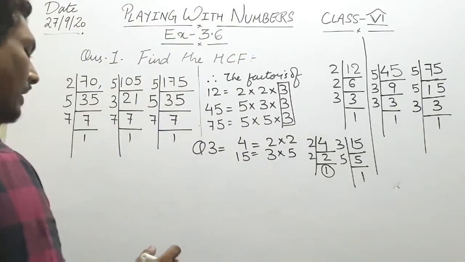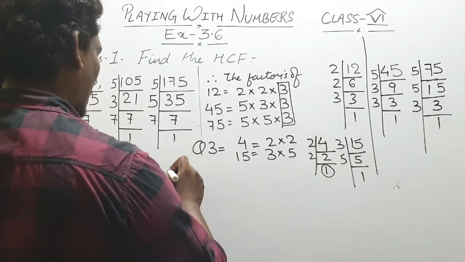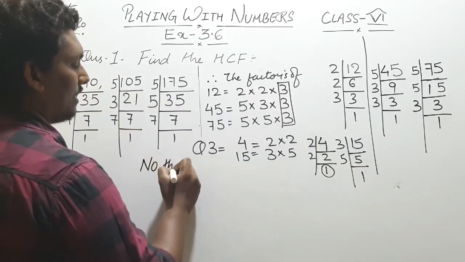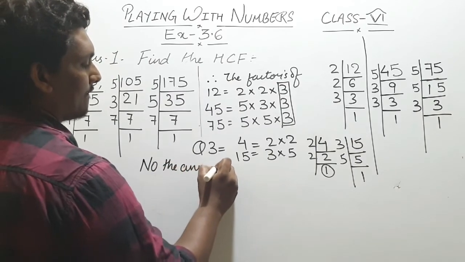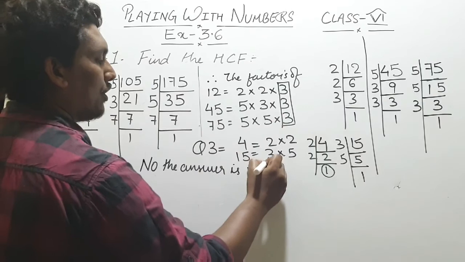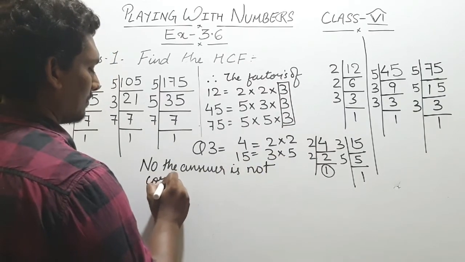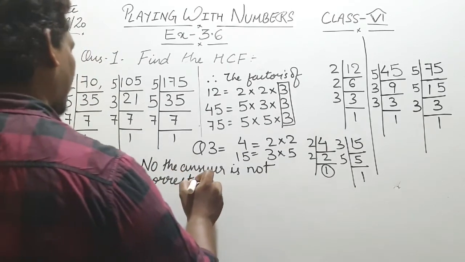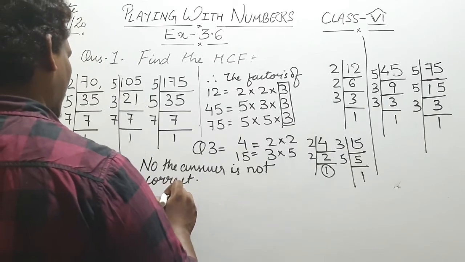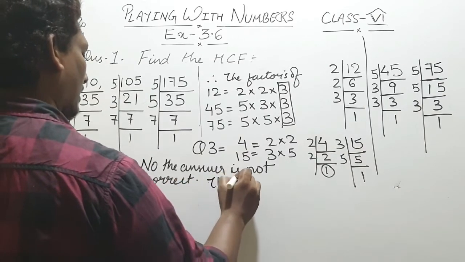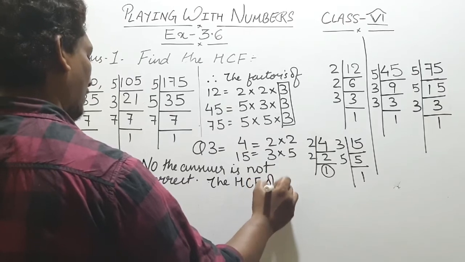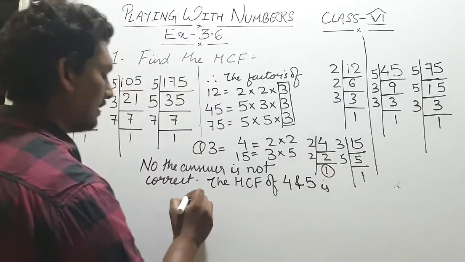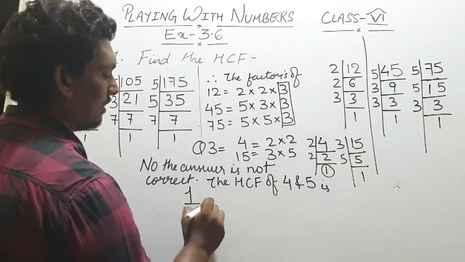Okay, so highest common factor between, you can write it like this. The answer is not correct, because the HCF of 4 and 15 is 1.